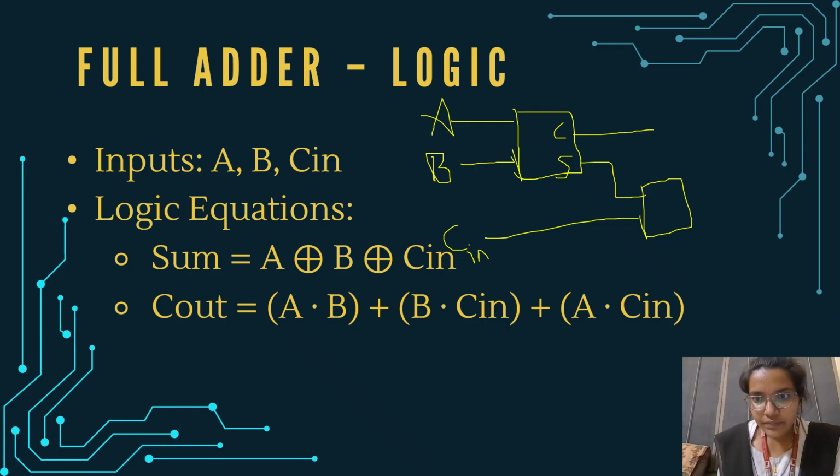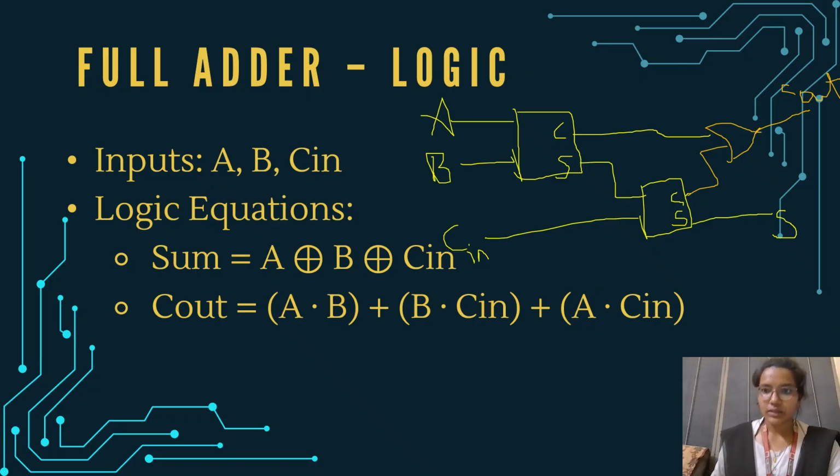We get carry and sum. This sum is the final sum. And this carry goes into an OR gate. These two carries are going into an OR gate. We get C out. This is C out and this is sum.